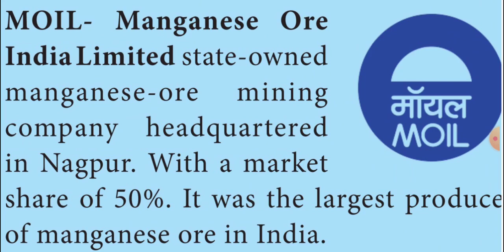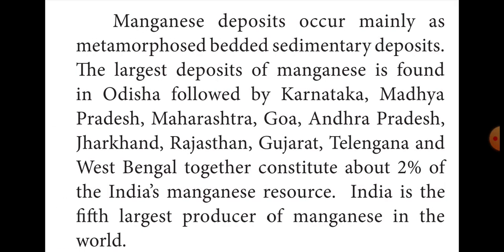Manganese deposits are mainly metamorphosed bedded sedimentary deposits, that means manganese is mostly deposited in metamorphic sedimentary rocks. The largest deposits of manganese are found in Odisha, followed by Karnataka, Madhya Pradesh, Maharashtra, Goa, Andhra Pradesh, Jharkhand, Rajasthan, Gujarat, Telangana and West Bengal, which together contribute 2% of India's manganese sources.